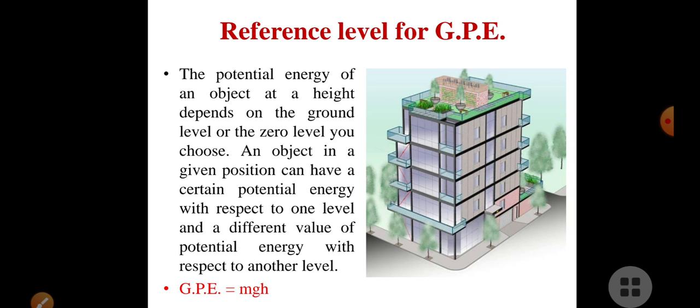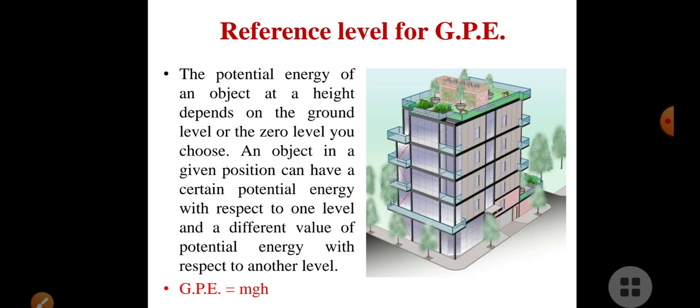But if you are choosing the reference level at the first floor, then potential energy possessed by you while standing on the second floor will be given by the formula mgh, and h will be this much height only, from first floor to second floor.